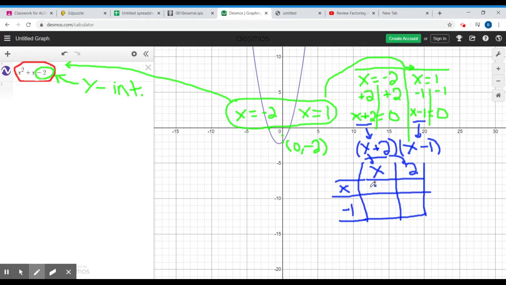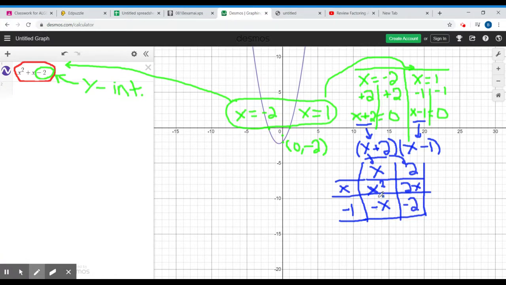So x times x gives me x squared. x times 2 gives me 2x. x times -1 gives me -x. -1 times 2 gives me -2.